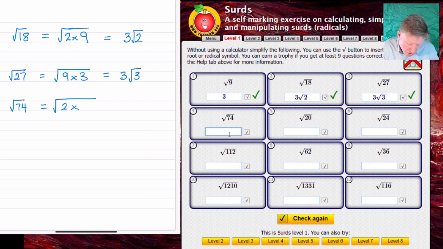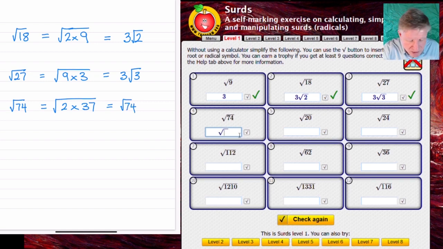So that will be 2 times 37. And I know that 37 is a prime number. So I'm not going to get any more factors out of that. So really I can't simplify this at all. The square root of 2 times 37, well, nothing simplifies, so I need to leave it as the square root of 74.